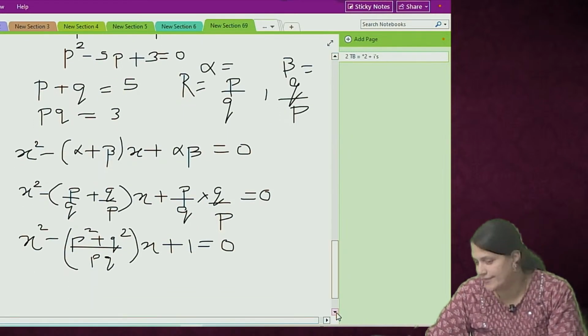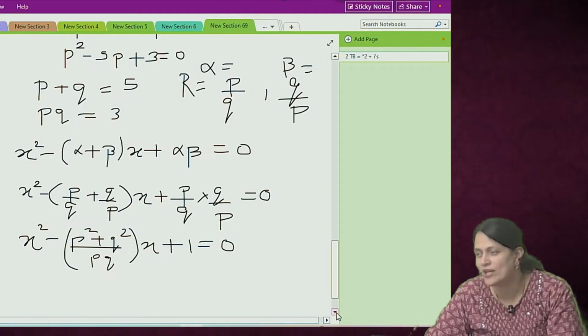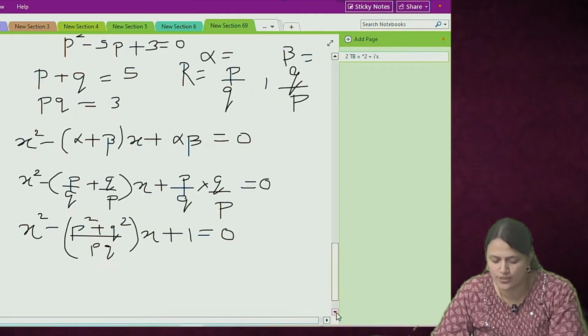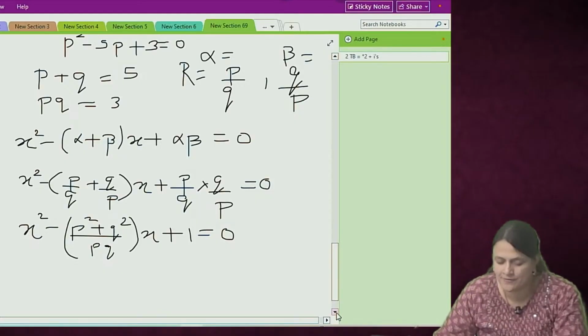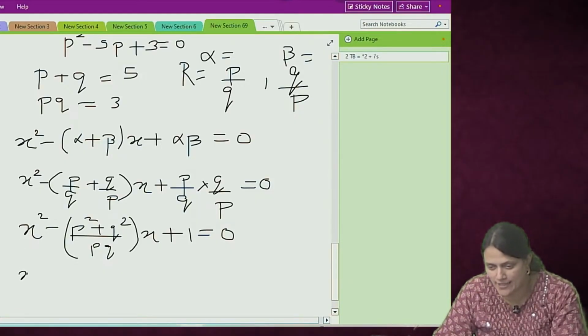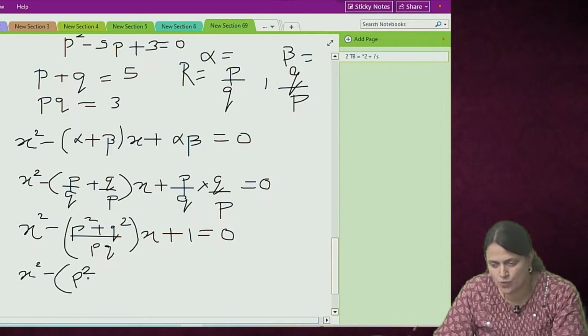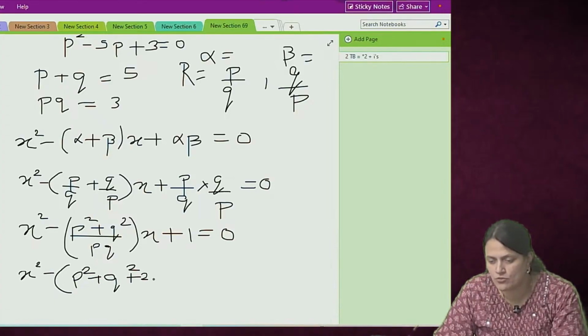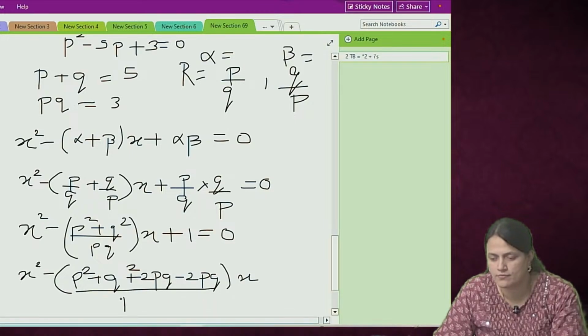Now adjustment. जहाँ जहाँ p square plus q square आएगा, what we are going to do is write it down as same p square plus q square plus 2pq minus 2pq, x upon pq plus 1.